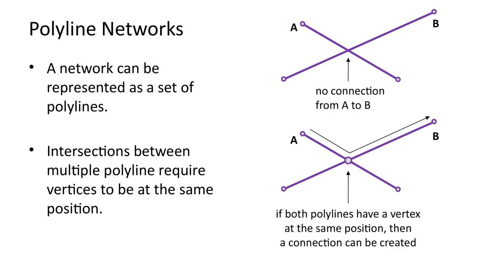In the top diagram, neither polyline has a vertex at the point of intersection. As a result, there is no path from node A to node B. In the bottom diagram, if both polylines have a vertex at the point of intersection, then it becomes possible to create a connection. Once such a connection is created, a path will exist from node A to node B.